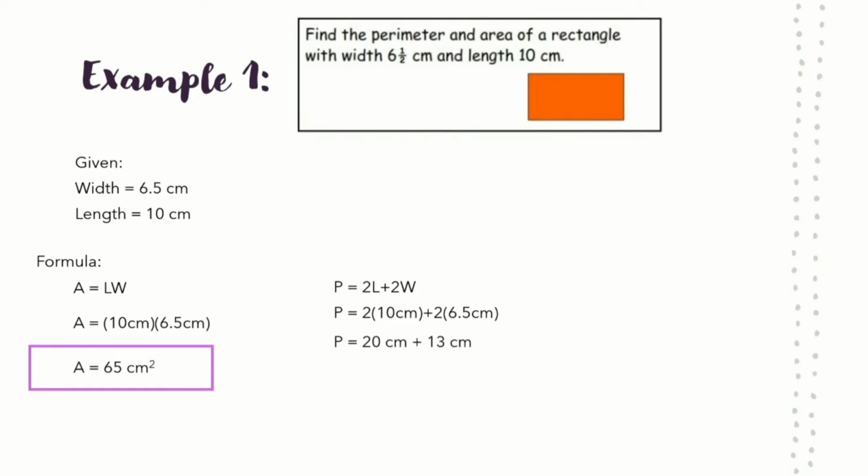So, we simplify. 2 times 10 is 20 cm, plus 2 times 6.5 is 13 cm. Now we add these two, that is P is equal to 33 centimeters. So that is how we solve for the area and perimeter of a rectangle.